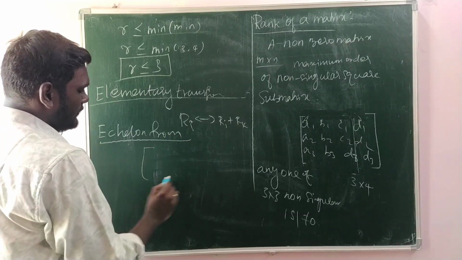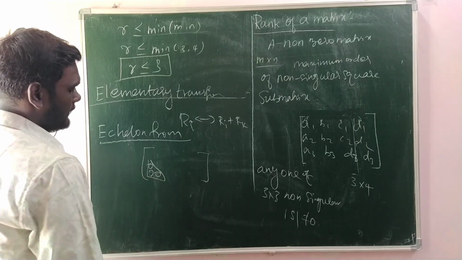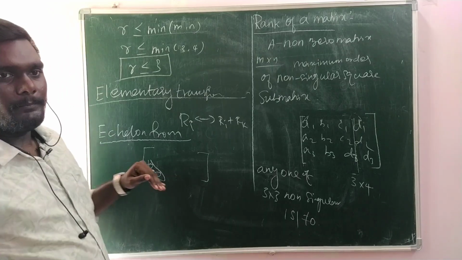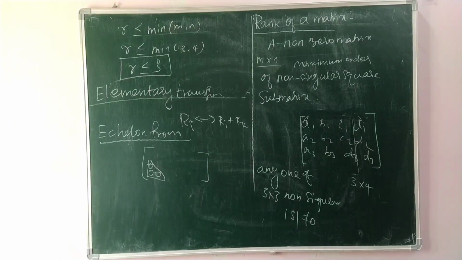What is echelon form? In a given matrix, the number of zeros before the non-zero element of a row is greater than in the previous row.